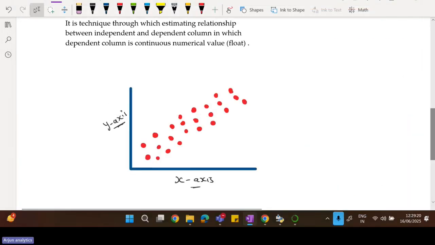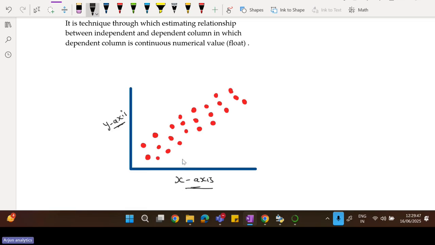This is the data. Now, this is your independent column and this is your dependent column. You are trying to estimate the relationship between your independent and dependent. So how are you going to estimate it?